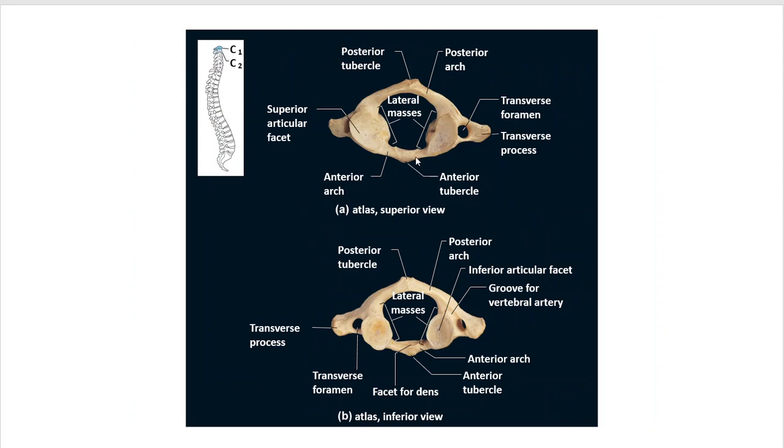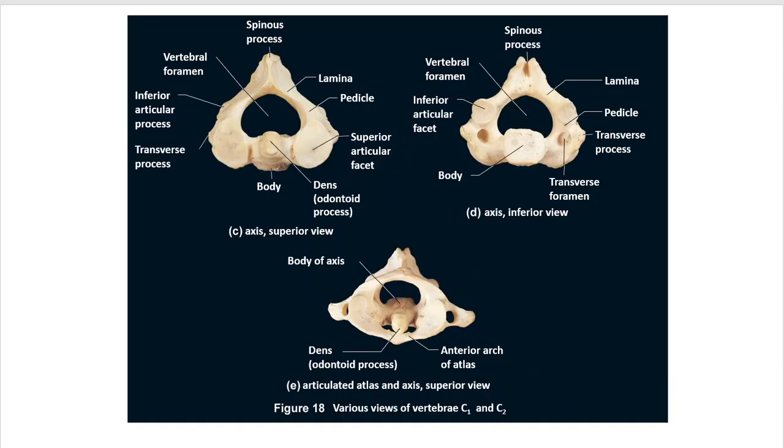Okay, here's the atlas. As you can see, no body, just a round circle of bone. Has transverse foramen. That's it. You don't need to know any of these extra things. Those aren't on your lab list. Just what's on your lab list. Transverse foramen and the transverse process are on your lab list, but the rest of those aren't. Spinous process. There's the dens.